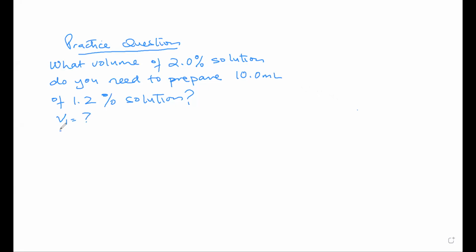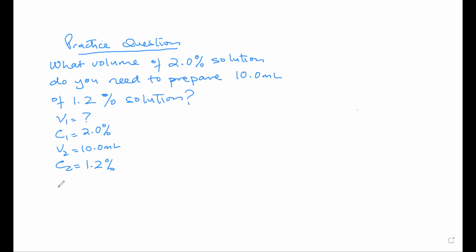The initial concentration is 2.0%. You want to prepare a new volume, 10.0 ml, and the final concentration is 1.2%.